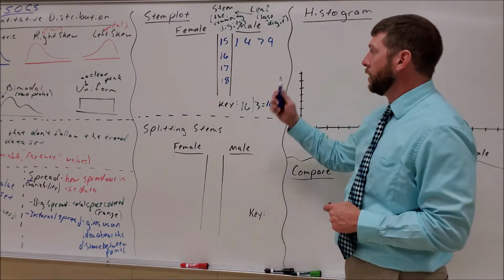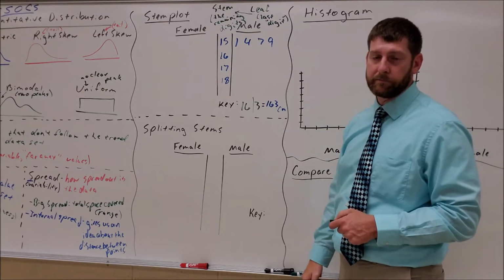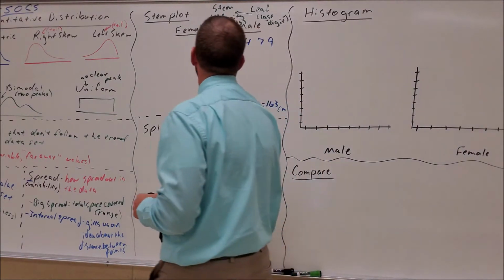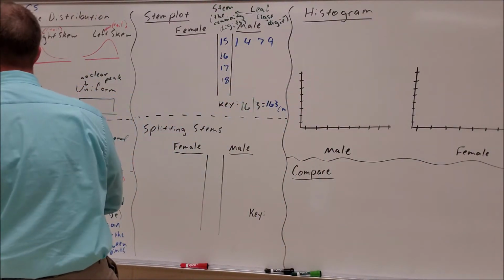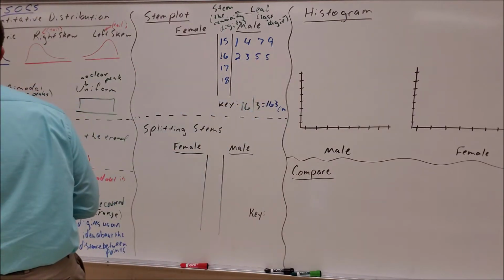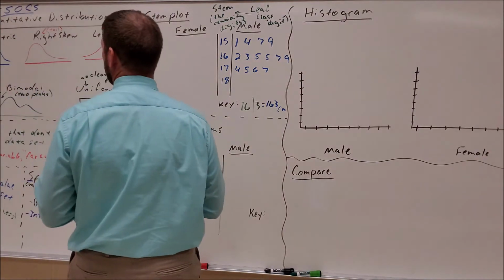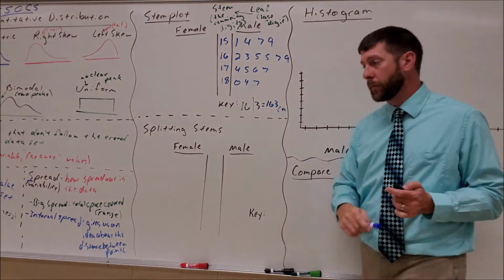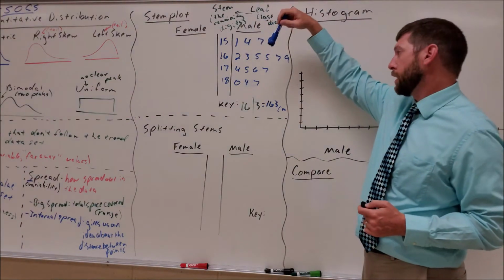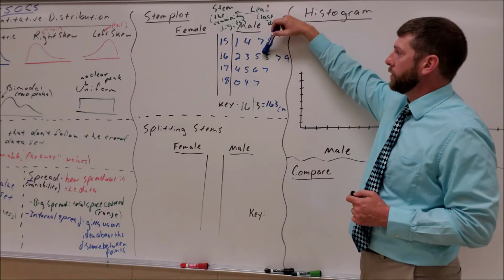Okay, so let's take a second. Let's get all these keyed in. All right, so now that I've got all the male heights filled in and they're in order, notice how right here I dealt with 165.